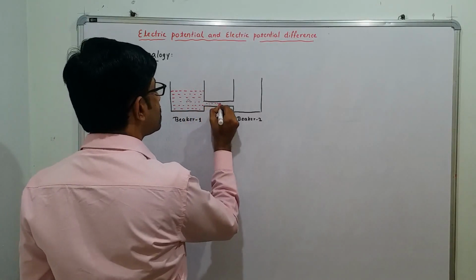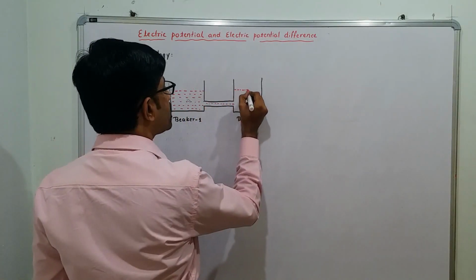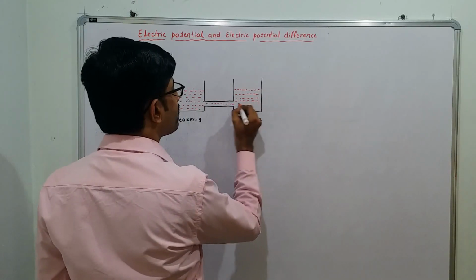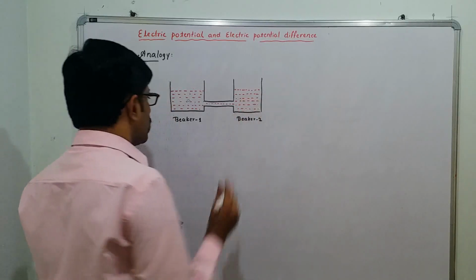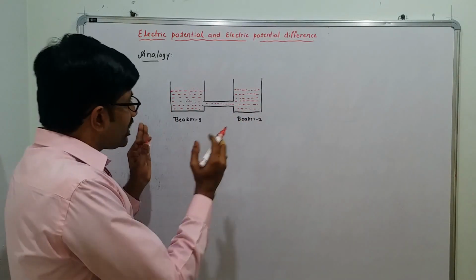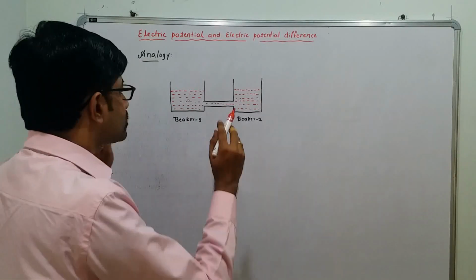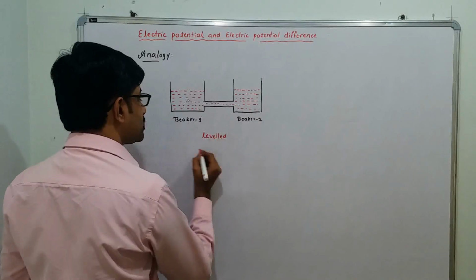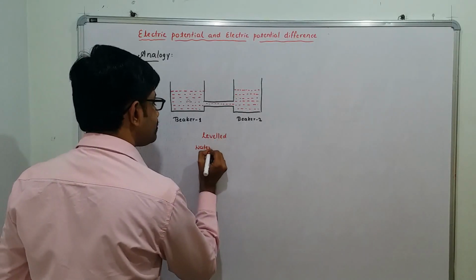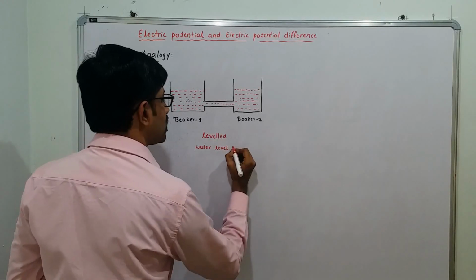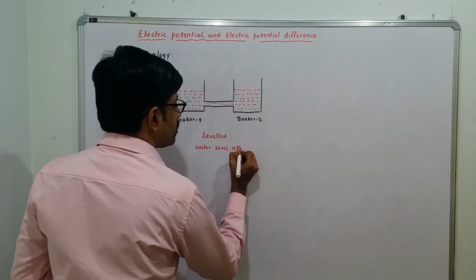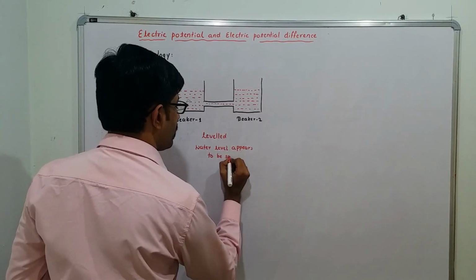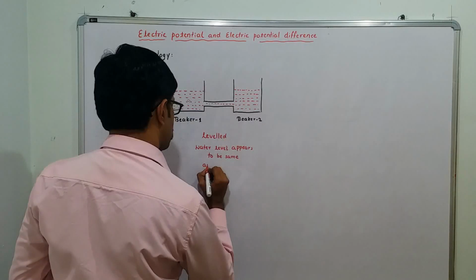Looking closely, they are leveled, which means the water level appears to be the same in the two beakers.